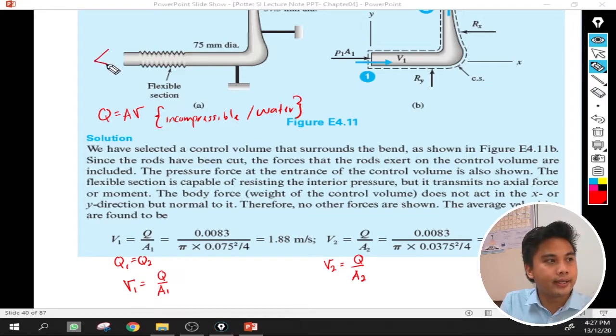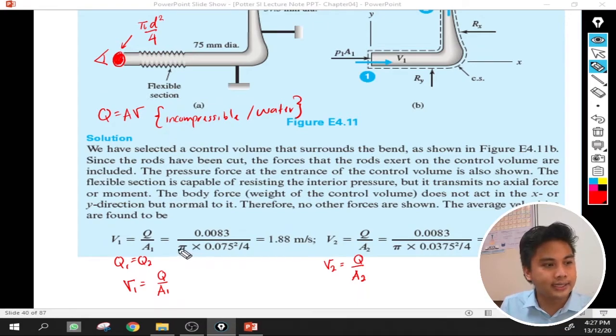When you look at here, the area is a circle. So when the area is a circle, we use the formula for the cross-sectional area of a circle, which is pi d squared over 4.